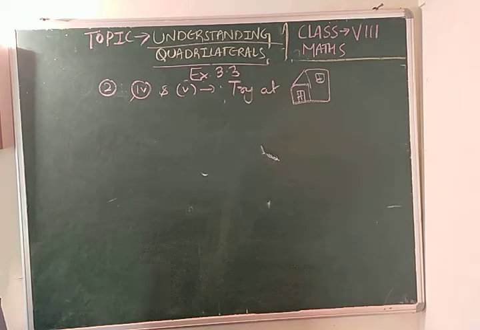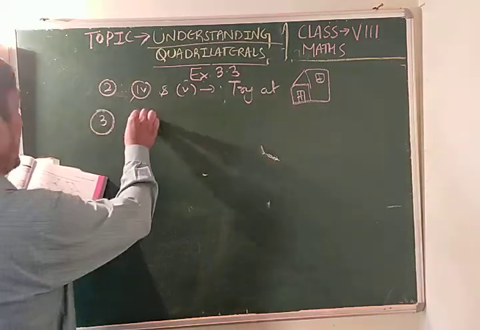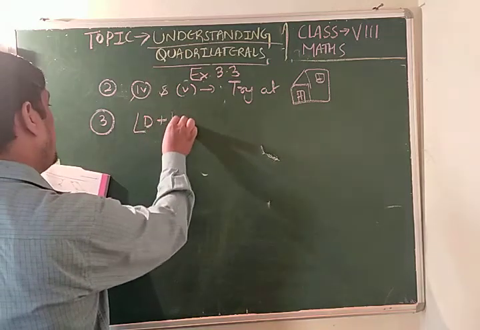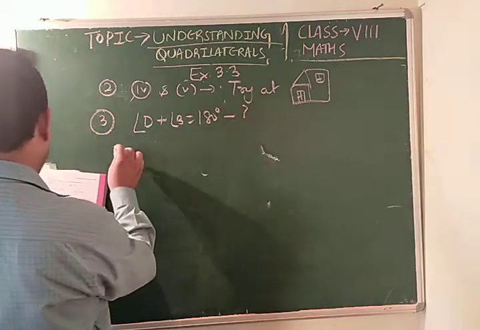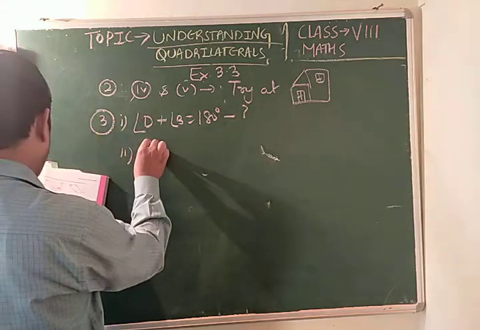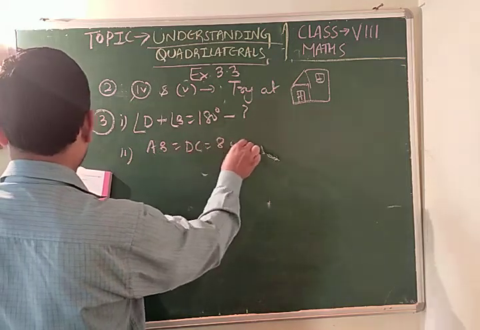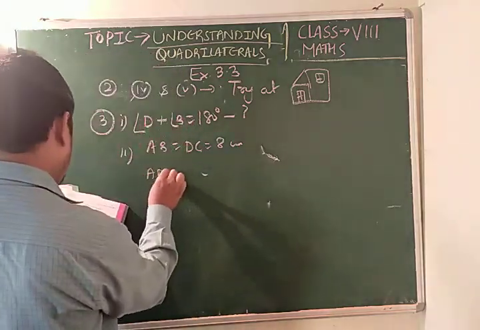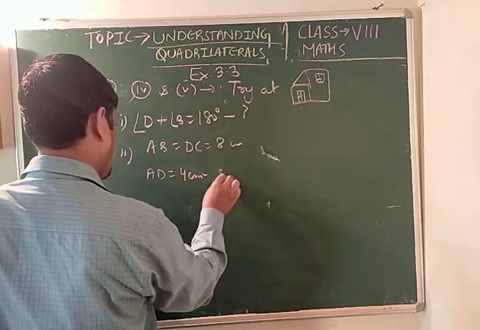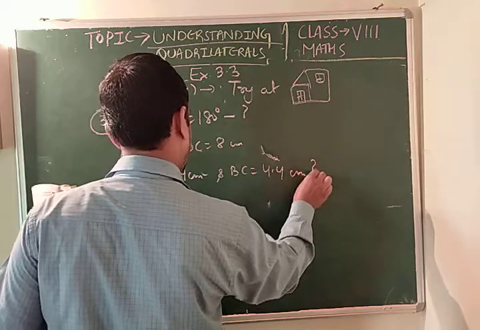Can a quadrilateral ABCD be a parallelogram if, question number 3, angle D plus angle B is equal to 180 degree. Second part, AB equals BC equals 8 centimeter and AD is equal to 4 centimeter and BC equals 4.4 centimeter.